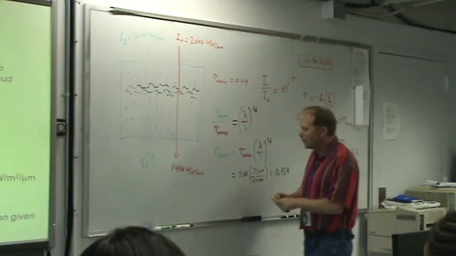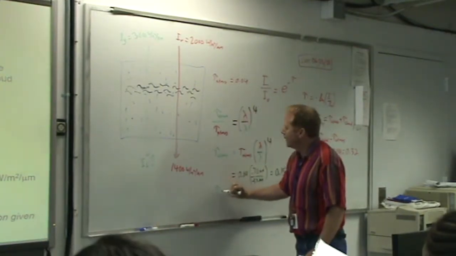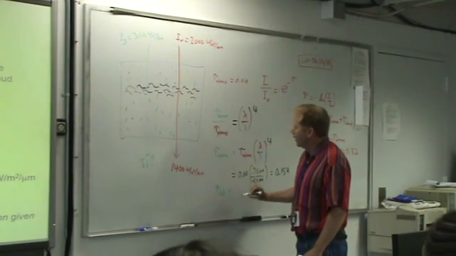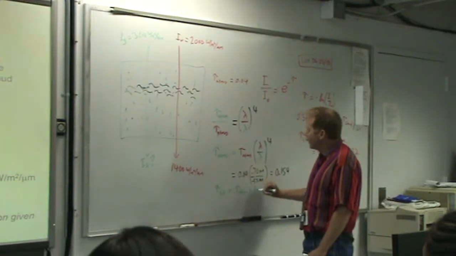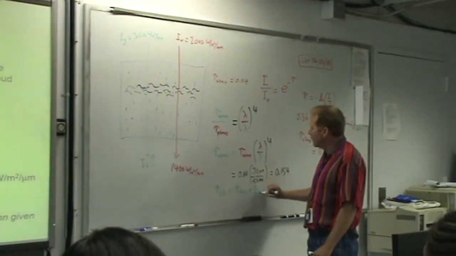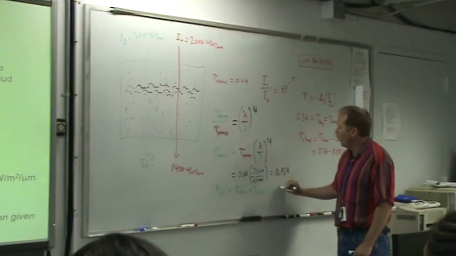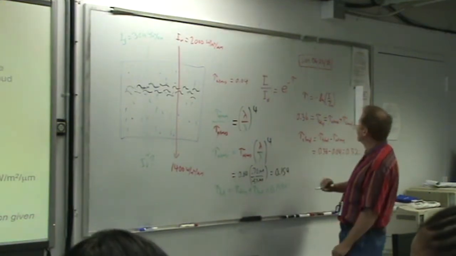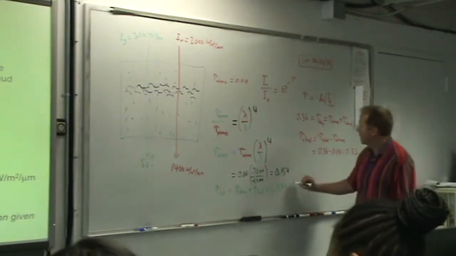Okay, so I can write in the green, tau total is going to be equal to tau of the atmosphere plus tau of the clouds. 0.154 plus what did we have up here? 0.32.